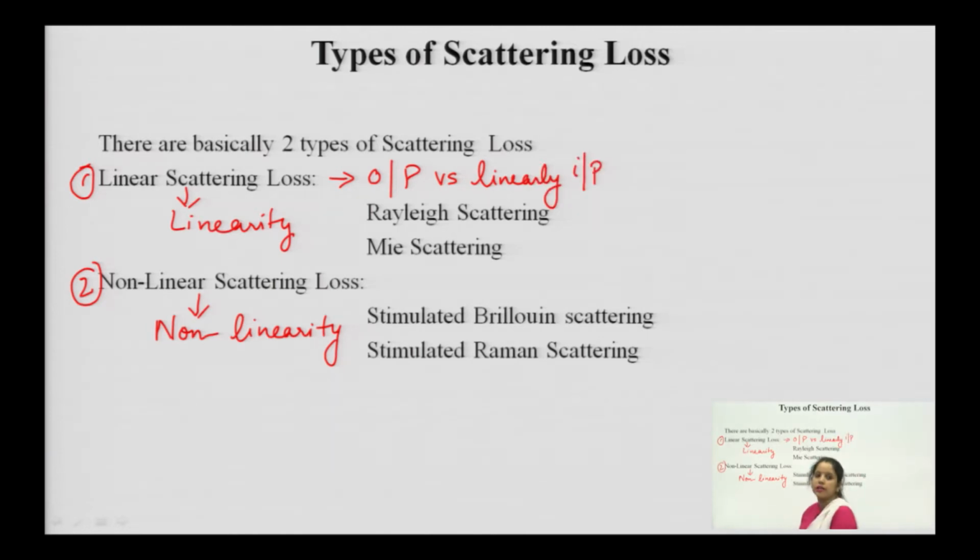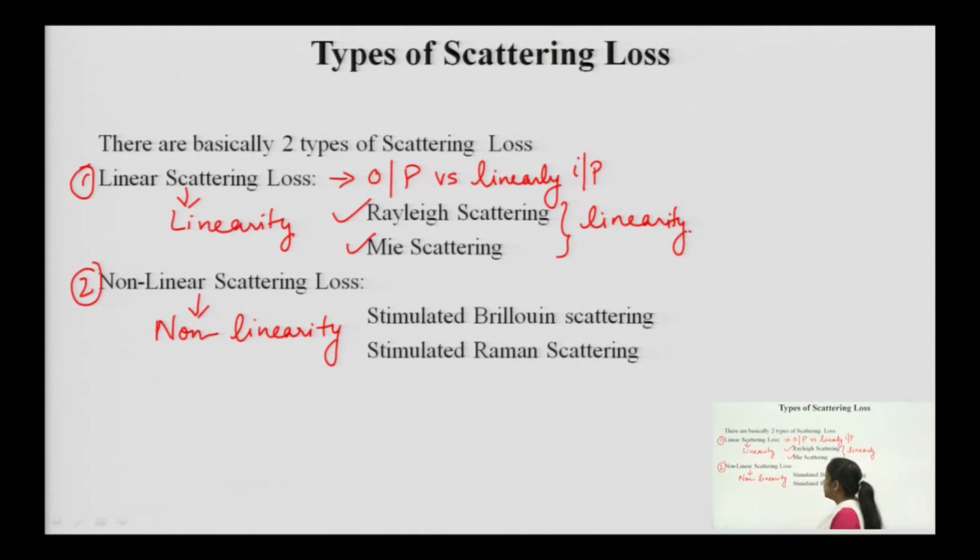We are going to discuss this in detail in the further slides. Under the linear scattering laws, we will study Rayleigh scattering and Mie scattering, and since they come under the linear scattering laws, they will also follow the linearity principle.